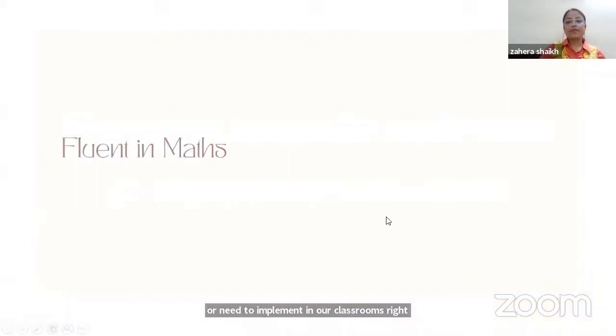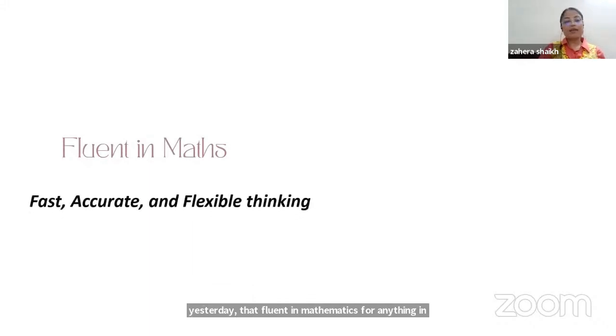Let me recapitulate what we learned yesterday: fluency in mathematics, or anything in our life, is nothing but being fast, being accurate, and having flexible thinking. But what exactly do I need to do in my classroom or surroundings to develop mathematical understanding, or mathematicians, among these budding learners?